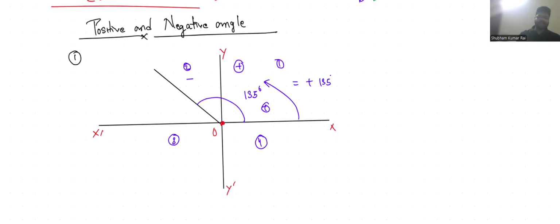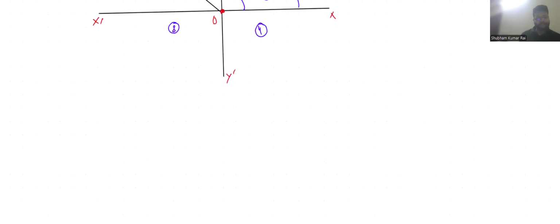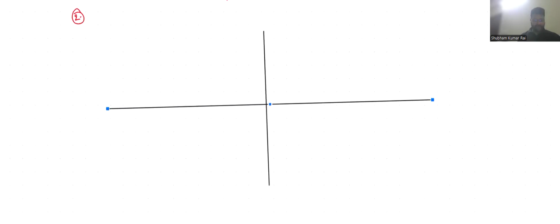But for the second case, let us consider here. If I just say that we are having the same thing, okay, axes are here. Now, the angle we are having is in downward direction like this, right?